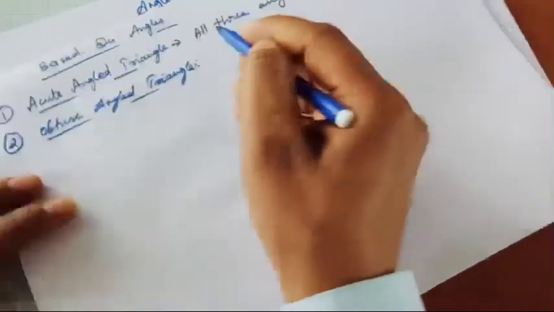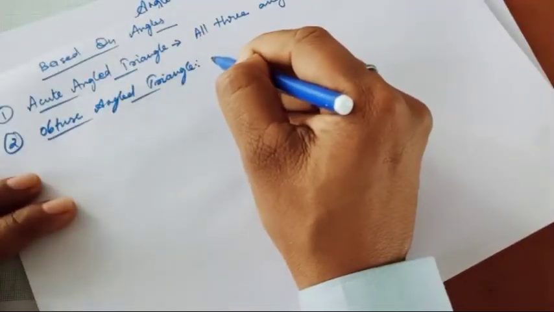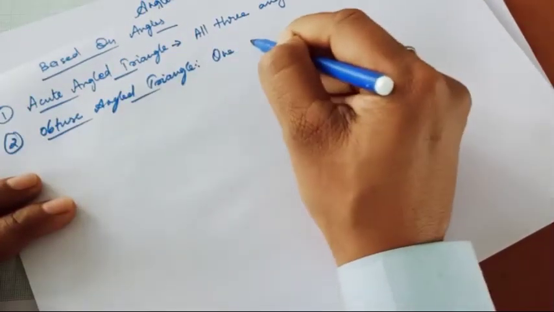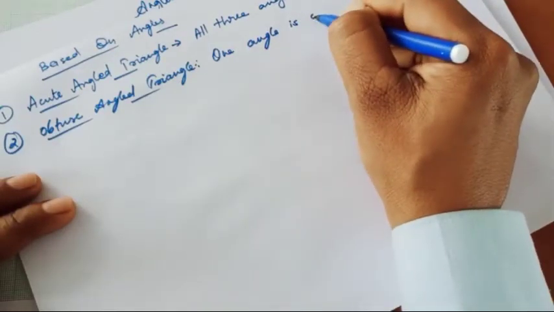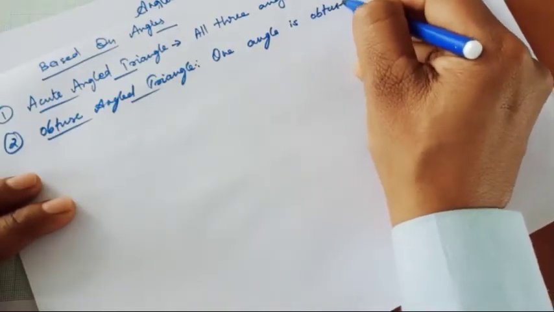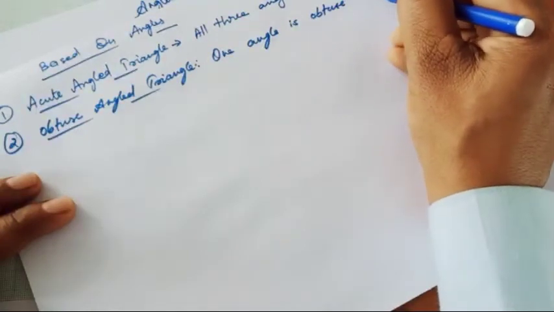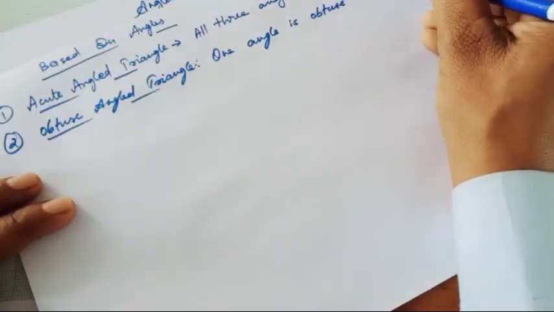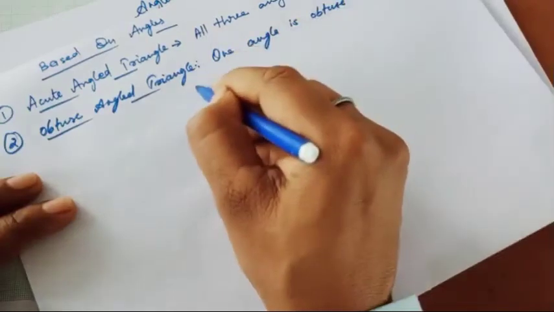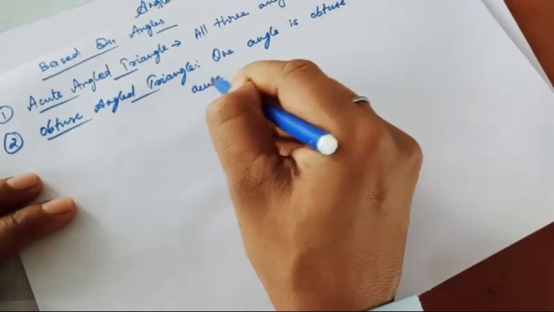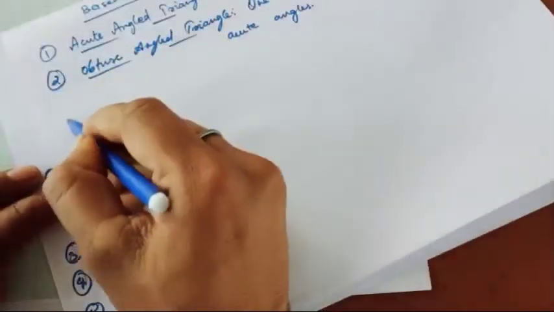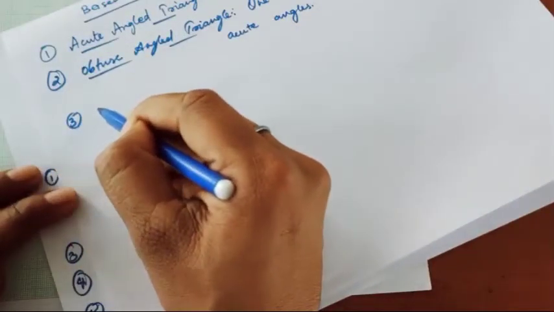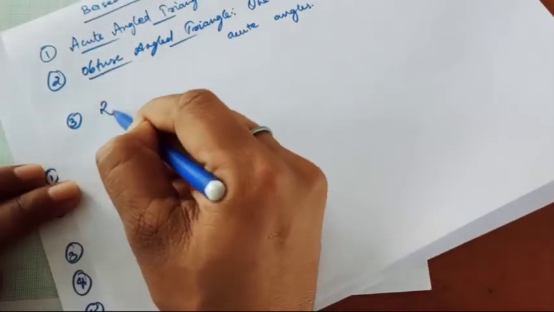In that one, only one angle is obtuse. Rest two are acute angles. And the third one is right angled triangle.